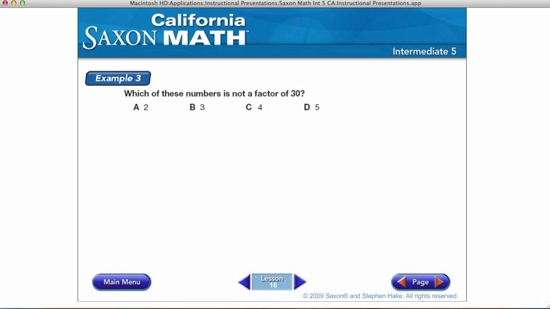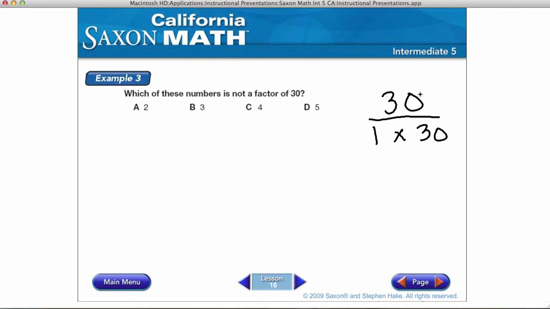Which of these numbers is not a factor of 30? To find out the factors of 30, we need to make our factor list. So we'll write 30 here, and we'll go down the list, starting with 1 times 30. Does 2 go into 30?